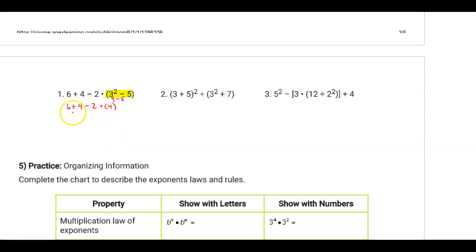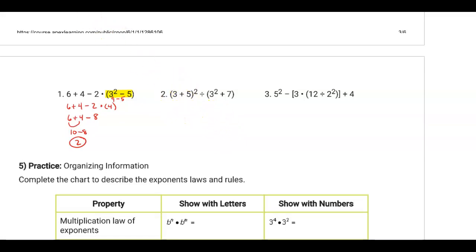Now, as I read left to right, that's addition, subtraction, multiplication. I'm going to stop and do this multiplication. 2 times 4 is 8. Now, addition or subtraction, 6 plus 4 is 10. 10 minus 8 is 2.